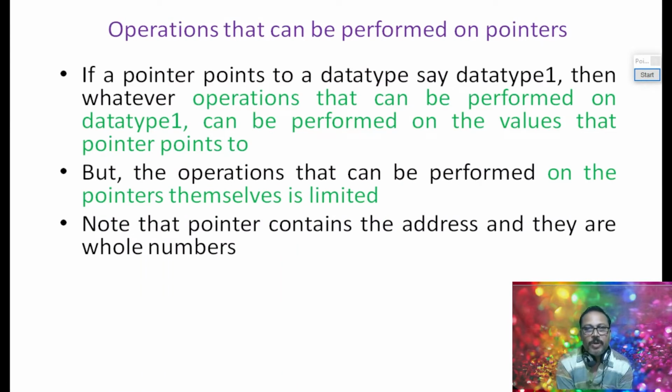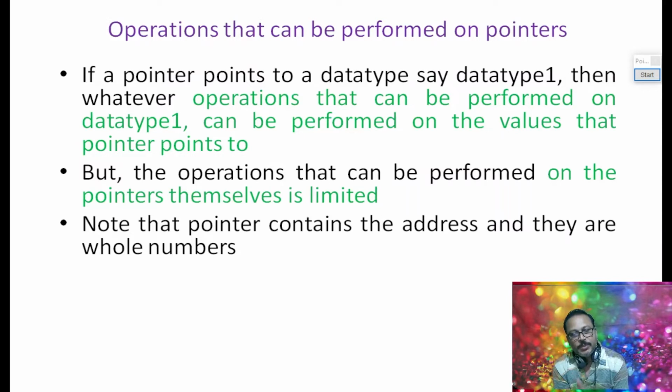Operations that can be performed on pointers. What are they? If a pointer points to a data type, say data type 1, then whatever operations can be performed on data type 1 can be performed on the values that the pointer points to. Observe carefully: here we are discussing the operations on the data type to which the pointer is pointing.